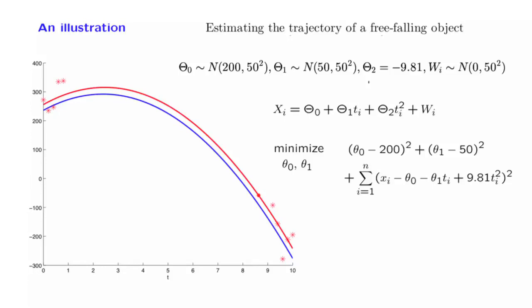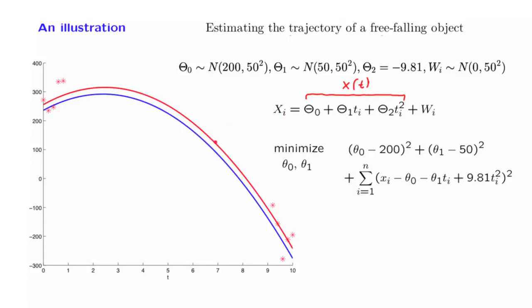Here is how it goes. As we discussed before, the posterior distribution of the thetas given the data is normal. And for similar reasons, the posterior distribution of this quantity, which is the true position, what we denoted by x of t, is also normal.